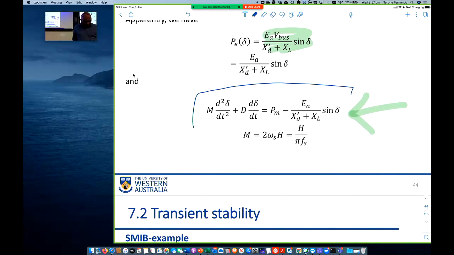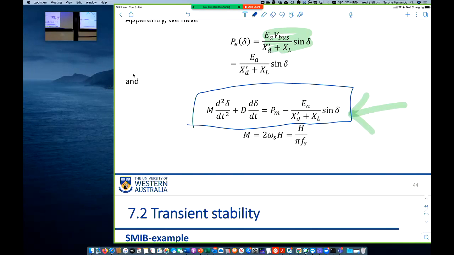So we want to utilize this equation to study the transient stability, because the generator is connected, and something might happen to the generator. The electrical power has already dropped to 0, because you're multiplying EA by V bus equal to 0. The mechanical power may not have changed; let's say you're providing a constant amount of mechanical power.